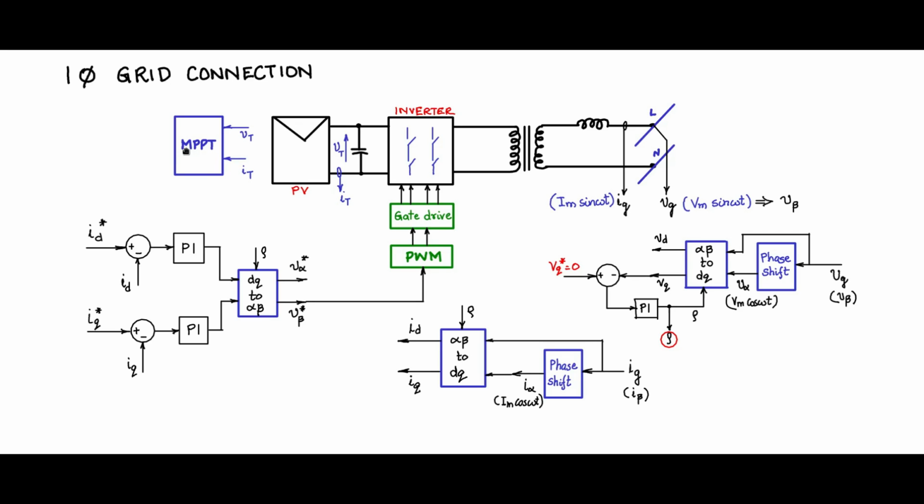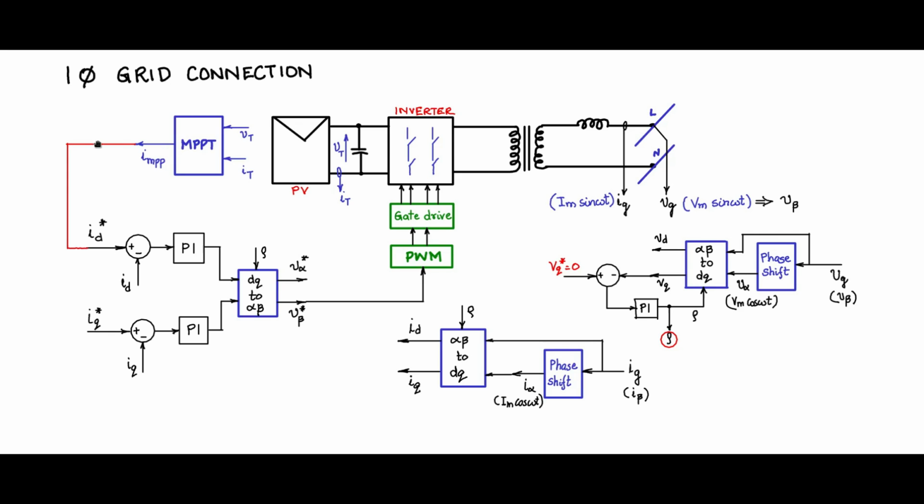Power will be calculated, and an MPPT algorithm can be used to obtain an output which will be proportional to IMPP, current at maximum power point, and that will be given as a set point to ID star.